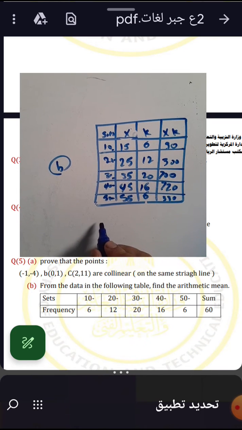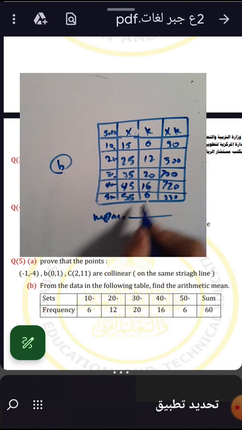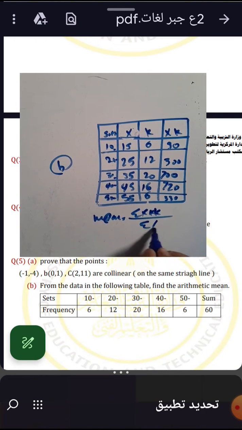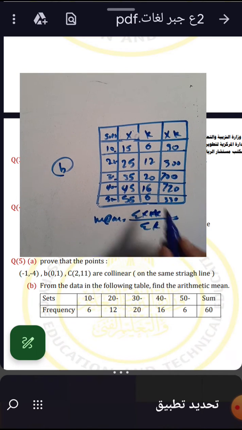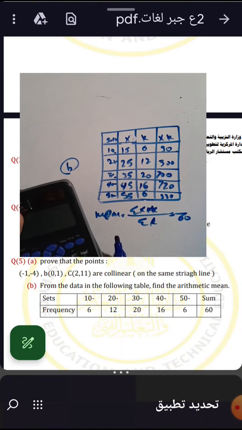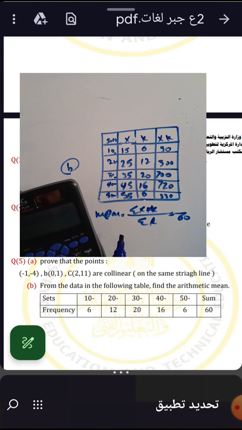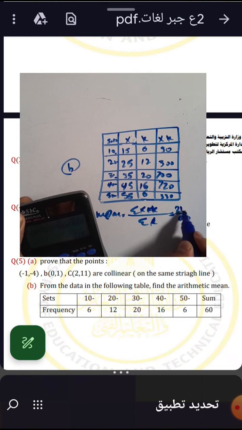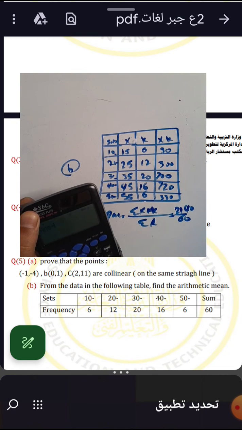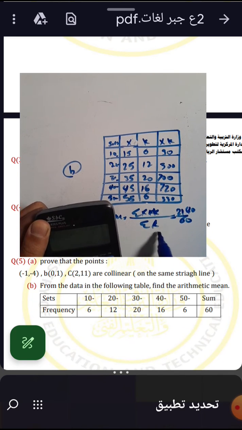Okay, and you can find the arithmetic mean. You can find the sum of x times k over the sum of k. Sum of k here was 60, and you can add them: 330 plus 720 plus 700 plus 300 plus 90. This result will be 2140 divided by 60. The result will be here 35.6.